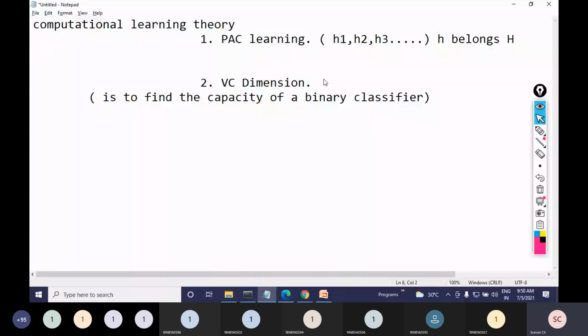VC dimension will tell you which classifier should be used, right? Which classification mechanism can be used, or for a given classifier, what is the capacity of that classifier. To calculate the capacity of a classifier, we use VC dimension. So we will come back to VC dimension. Before that, we will complete PAC learning, which we discussed in our previous class, right?